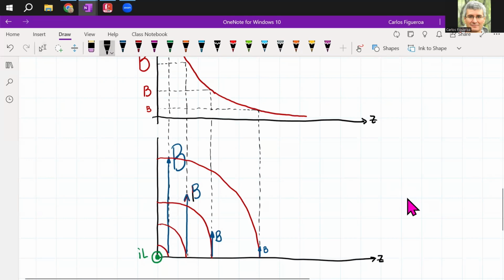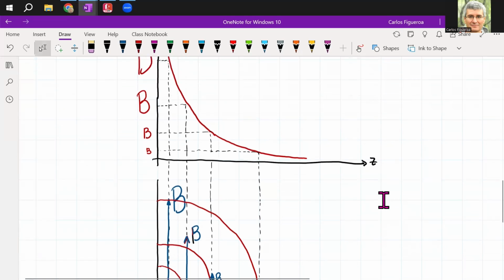And we can clearly see that as we spread out, the field lines are spreading out more.